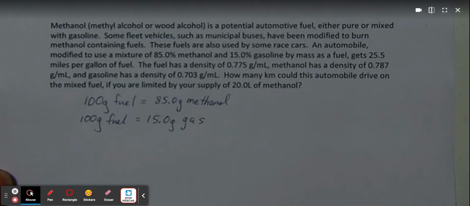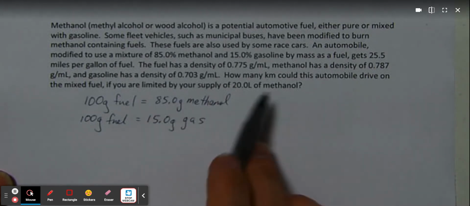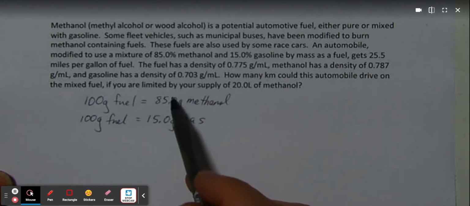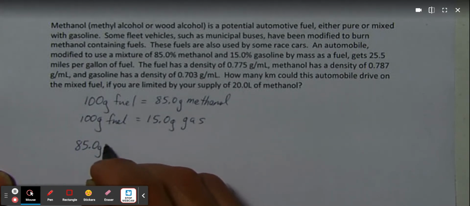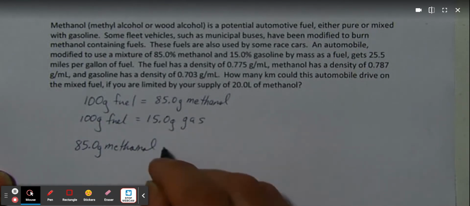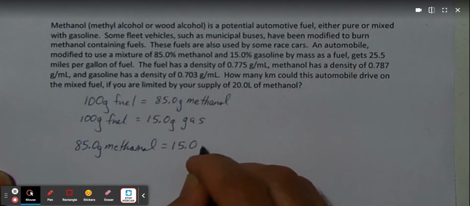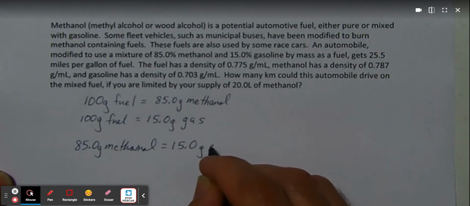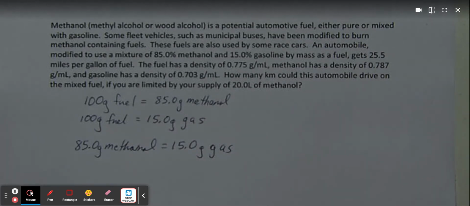You could also relate these together: for every 85.0 grams of methanol that you burn, that'll also burn 15.0 grams of gas. So those are three relationships we could use.